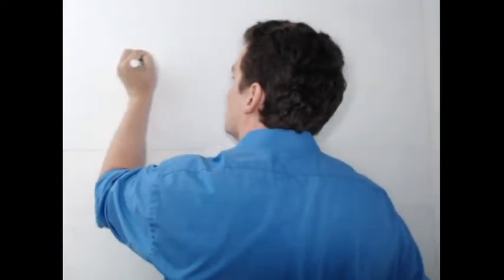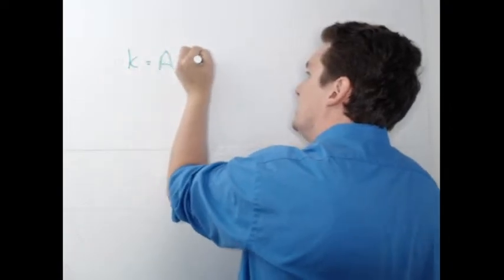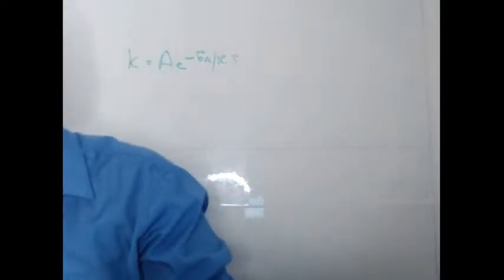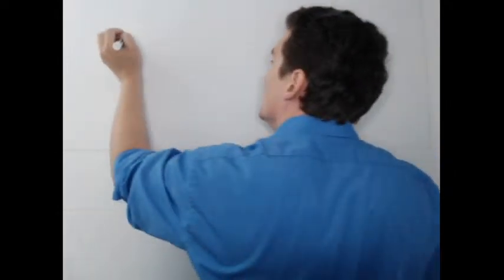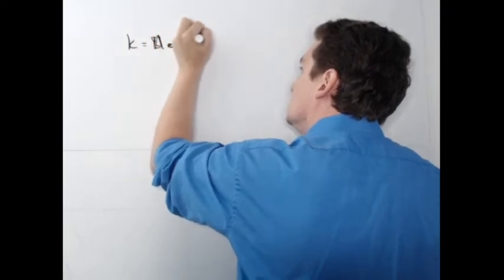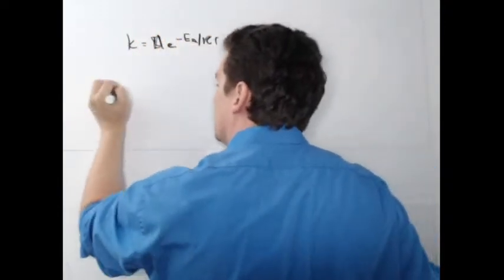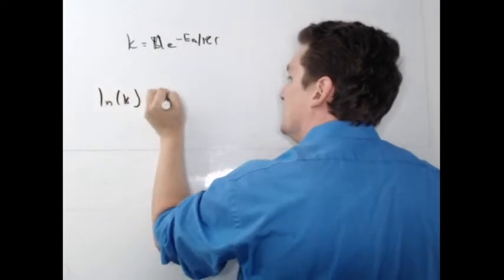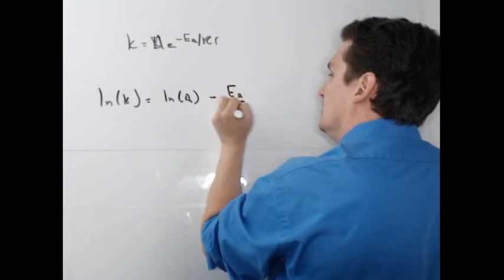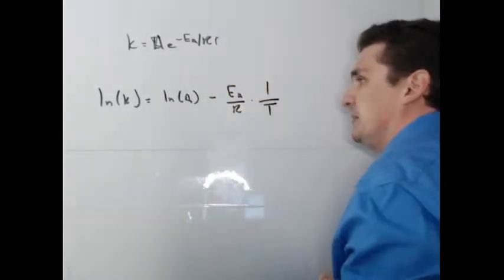So with the Arrhenius plots, if we know K equals A e to the minus EA over RT, let's switch back to the black pen because that reads a lot better. If we take the natural log of K and do some rearrangement, we get the natural log of K equals the natural log of A minus EA over R times 1 over temperature.